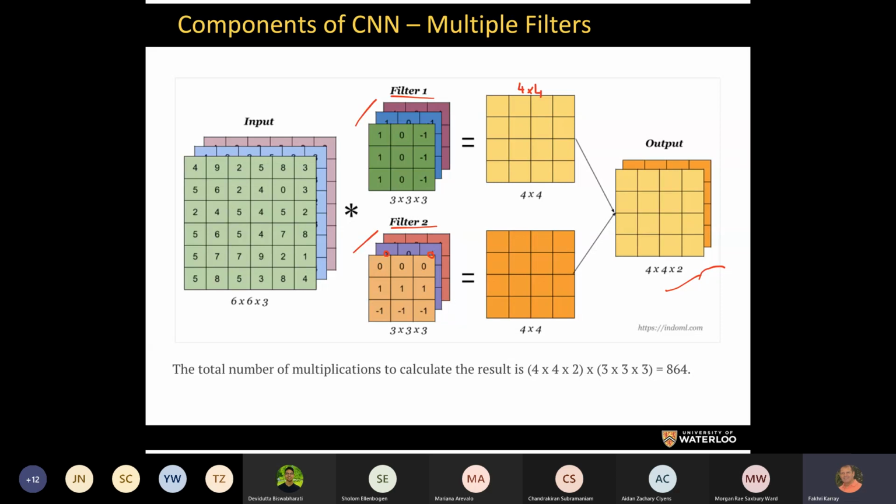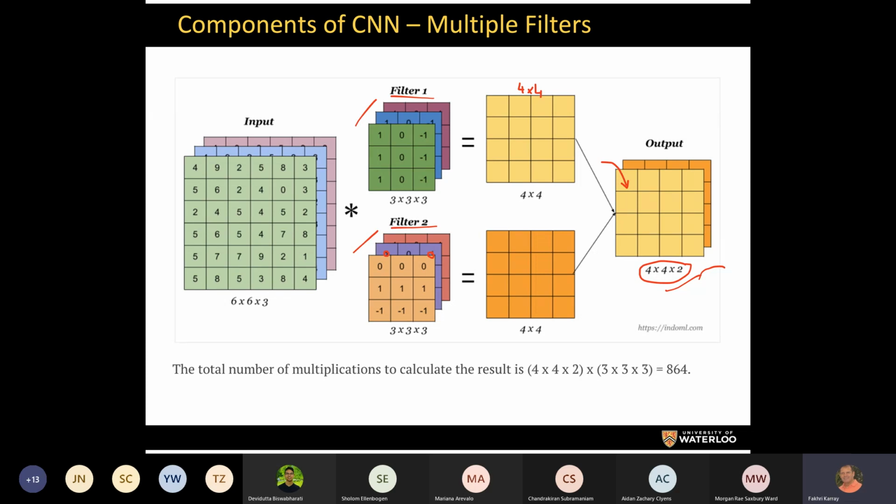If I ask you the number of operations that have been performed here, I would like you to compute, for each entry, how many operations have been made so that we have one particular entry in this tensor. Remember, the tensor is a 3-dimension matrix. The tensor here is 4 by 4 by 2.